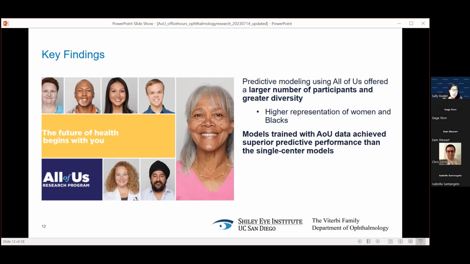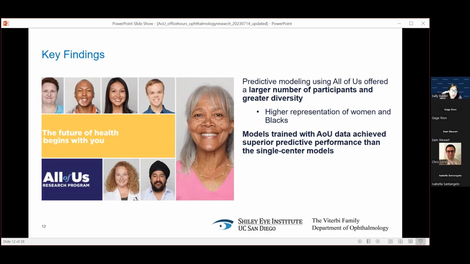And then also the diversity, and in particular, a higher representation of women and Black patients. And these are also populations who are disproportionately affected by glaucoma and glaucoma-related blindness. So this was probably one of the biggest takeaways for us, and I think really demonstrated the power and the advantage of the All of Us program, and the nationwide scope of the data and the diversity.